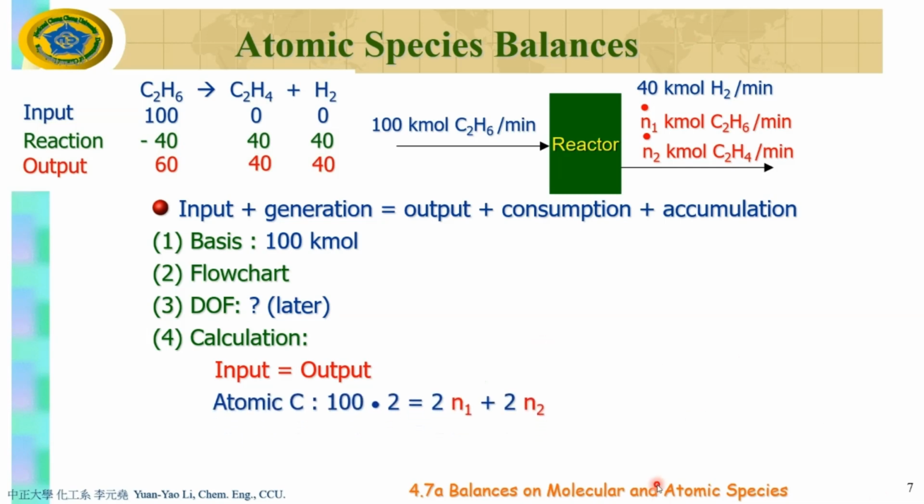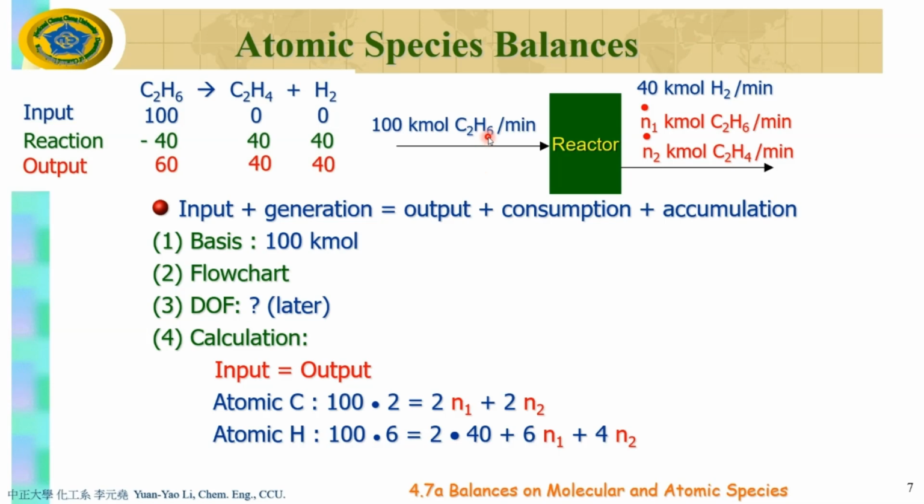So how can you do that? The input is 100 times 2 moles of carbon atoms, right? That equals the output, carbon 2N1 and then 2N2. Equation 1. So input equals output. How about atomic hydrogen?